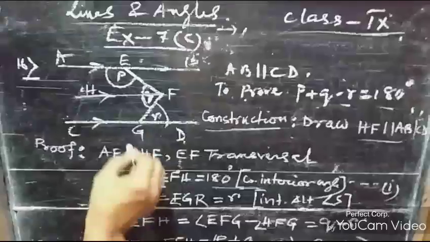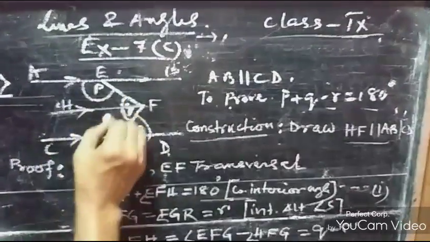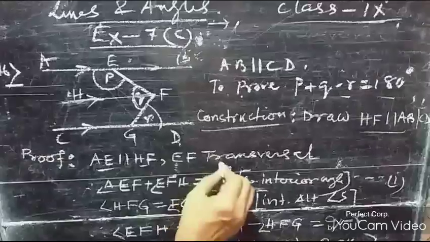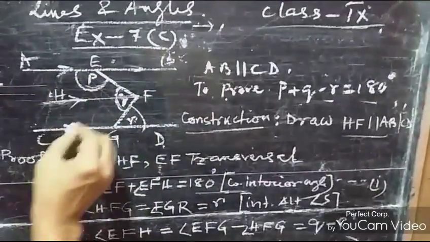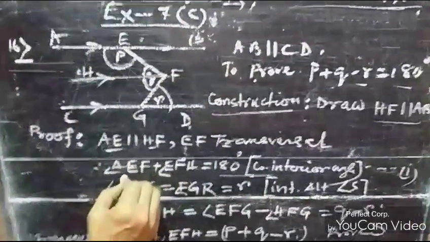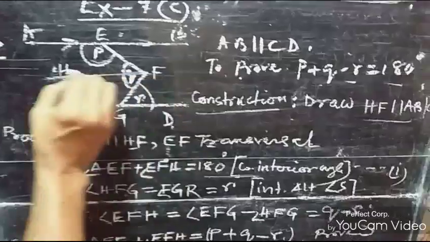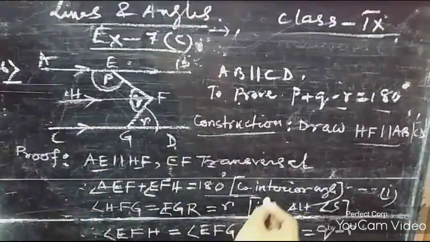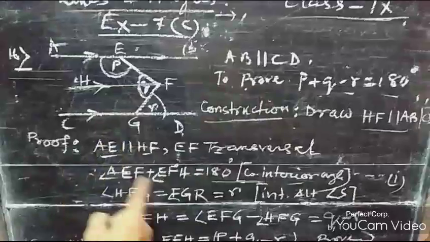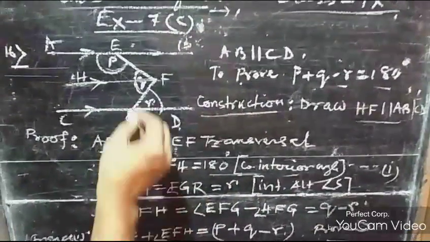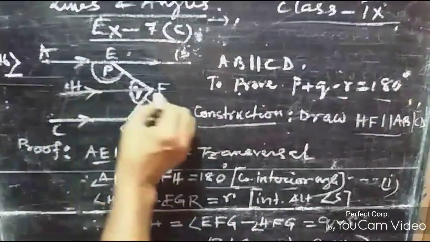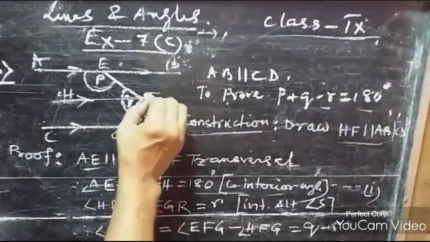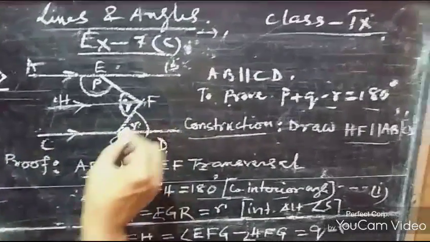Now see, this proof: AE is parallel to HF, and EF is a transversal. So angle AEF plus angle EFH equals 180 degrees. That is actually co-interior angles; you know the co-interior property of parallel lines. And HF is also parallel to CD and FG is the transversal.